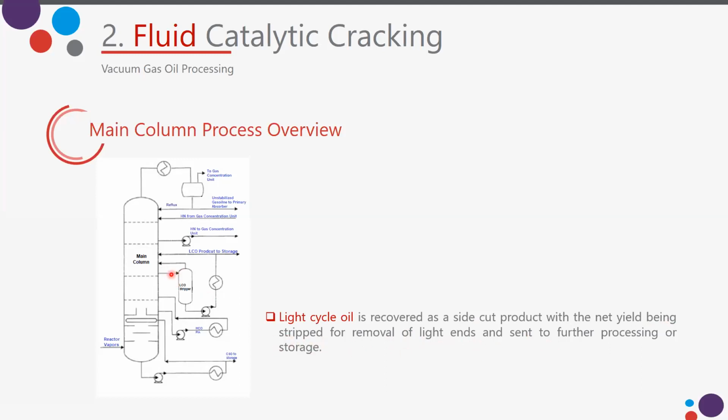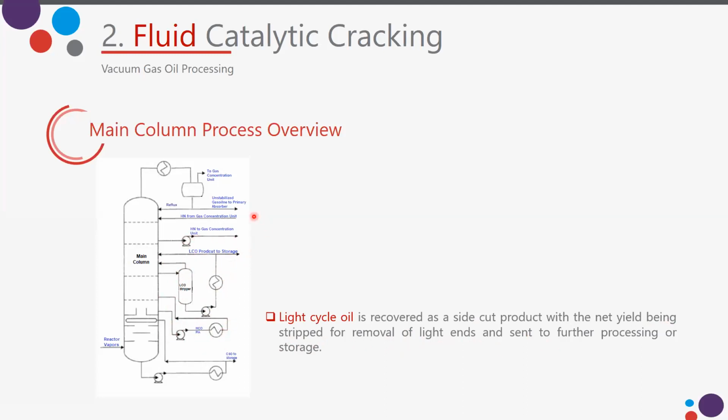Okay, we have this stripper like we had in the atmospheric distillation column to remove the lighter components, and then we can send this to storage and use this light cycle oil as fuel oil.